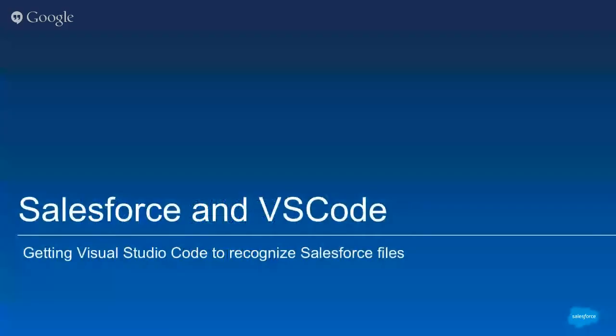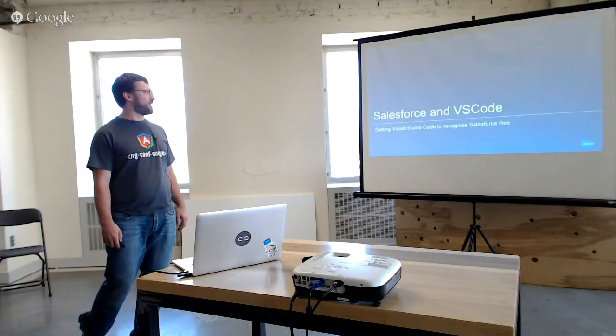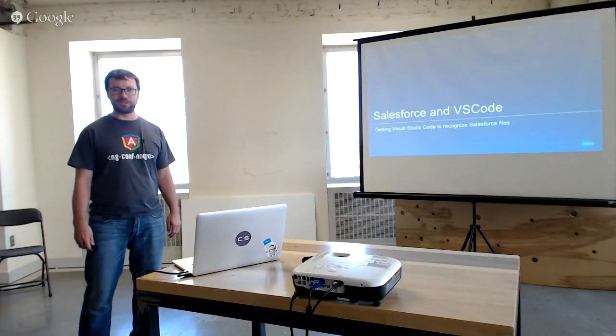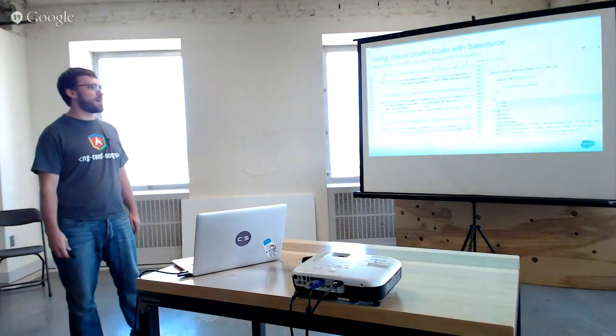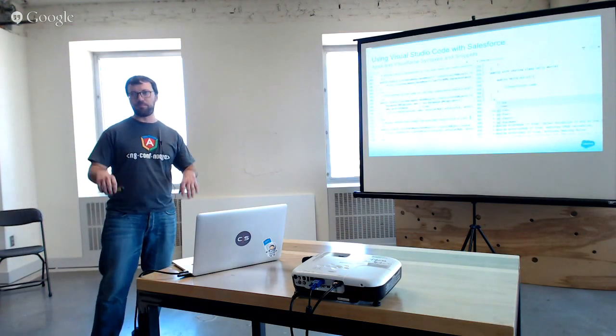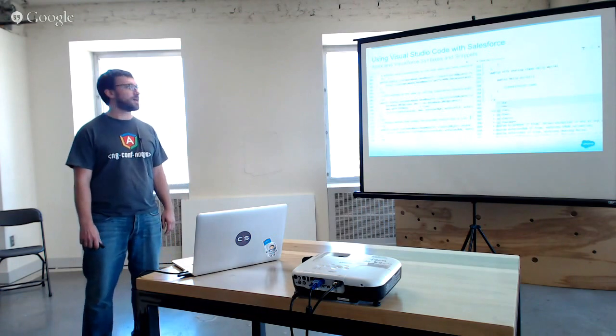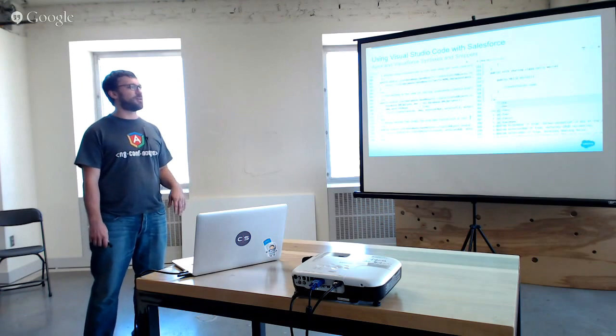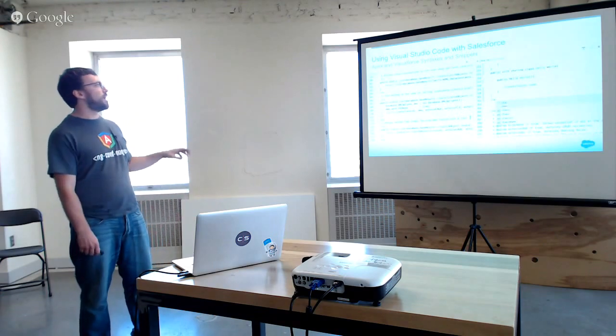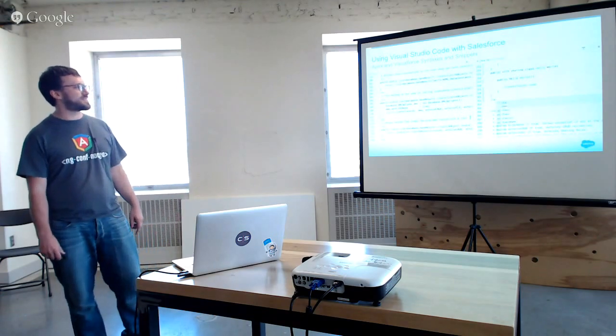So now that I've kind of sold you on Visual Studio Code, why you should care about it, why it matters, it's still in beta, right? So it's not really made for Salesforce yet. But because of the magic of it being built with Atom, being built on a whole bunch of open source technologies, we were able to harness that previous open source work and bring in things like syntaxes and snippets.